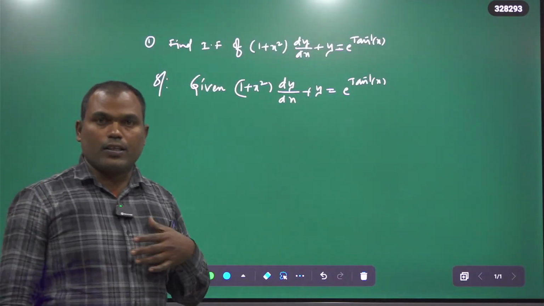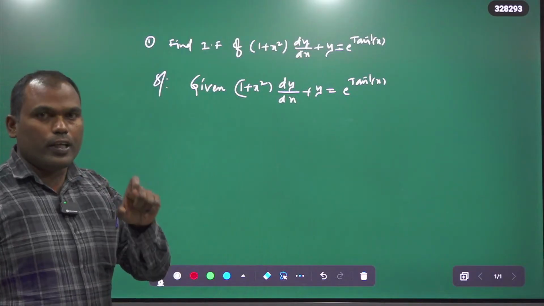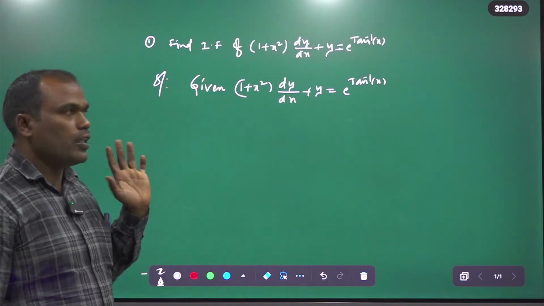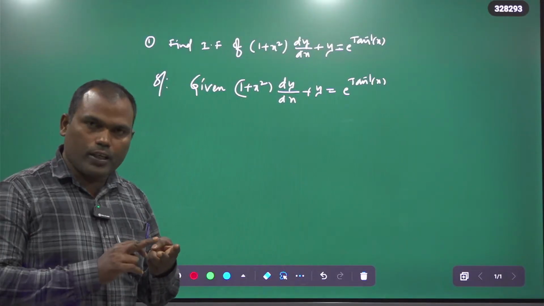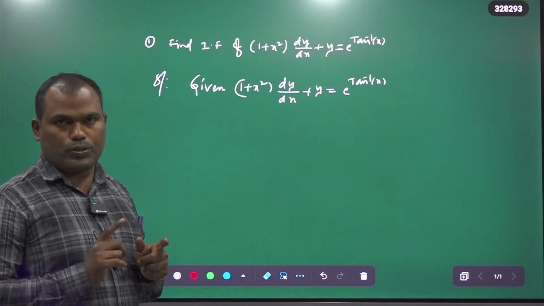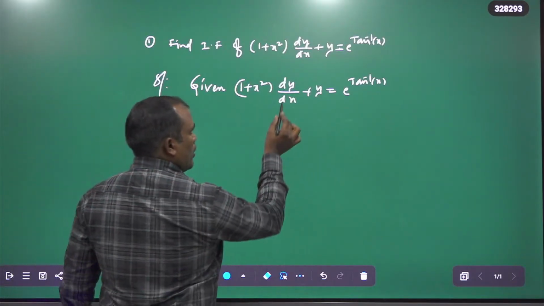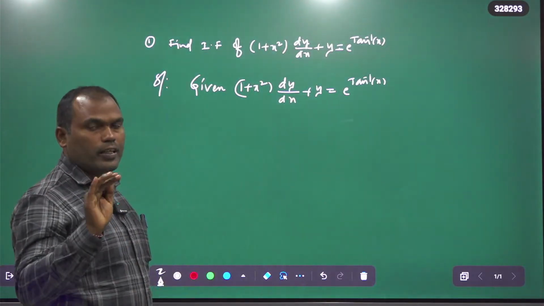Integrating factor means linear differential equation. This problem belongs to linear differential equations, where we have mainly linear in x and linear in y. First we should observe whether it is linear in y or linear in x. Since we have dy by dx, immediately we should say that it is linear in y.